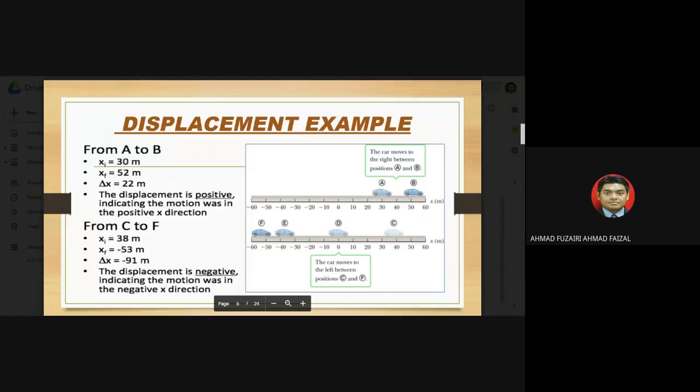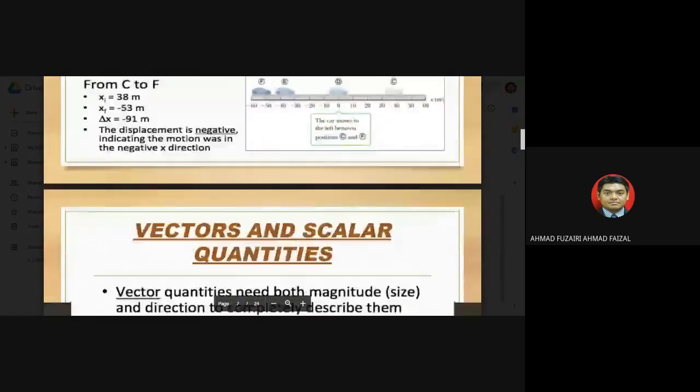This is an example of displacement taken from here.